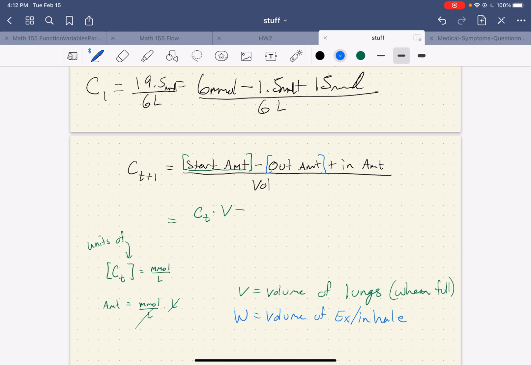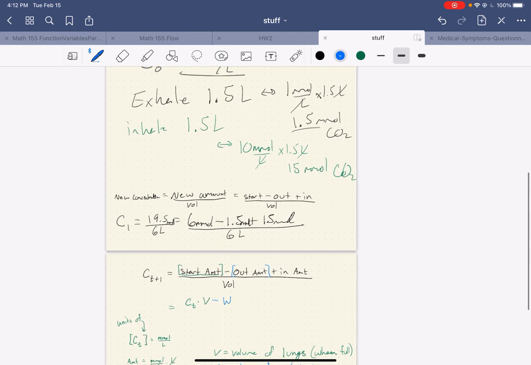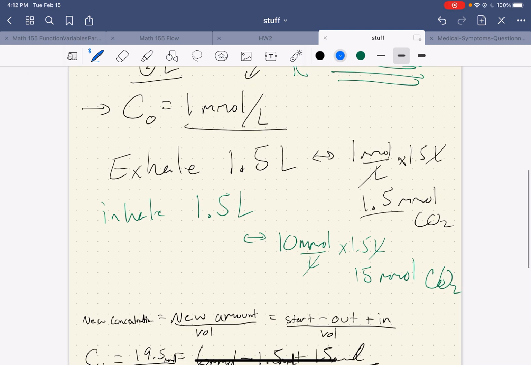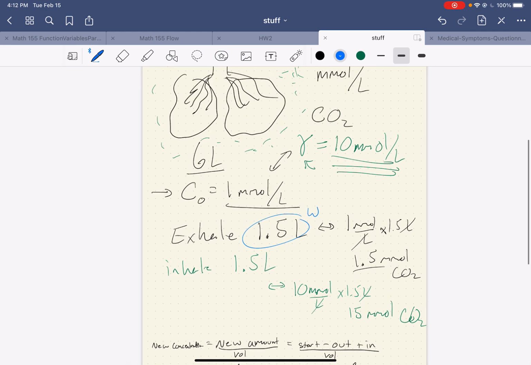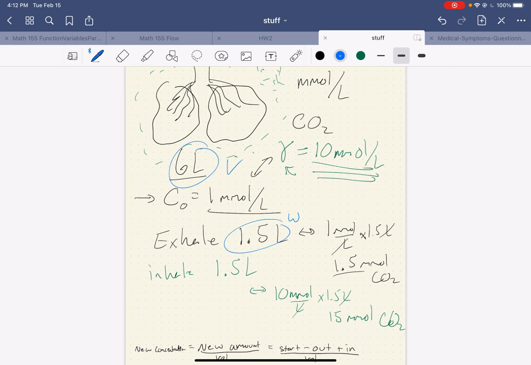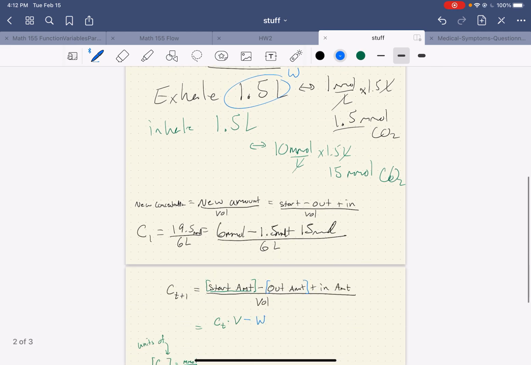You only exhale some fraction of that. But if we measure it in terms of volume, then I can just call this W. So maybe, for example, in this problem, W is 1.5 liters, and V was 6 liters.